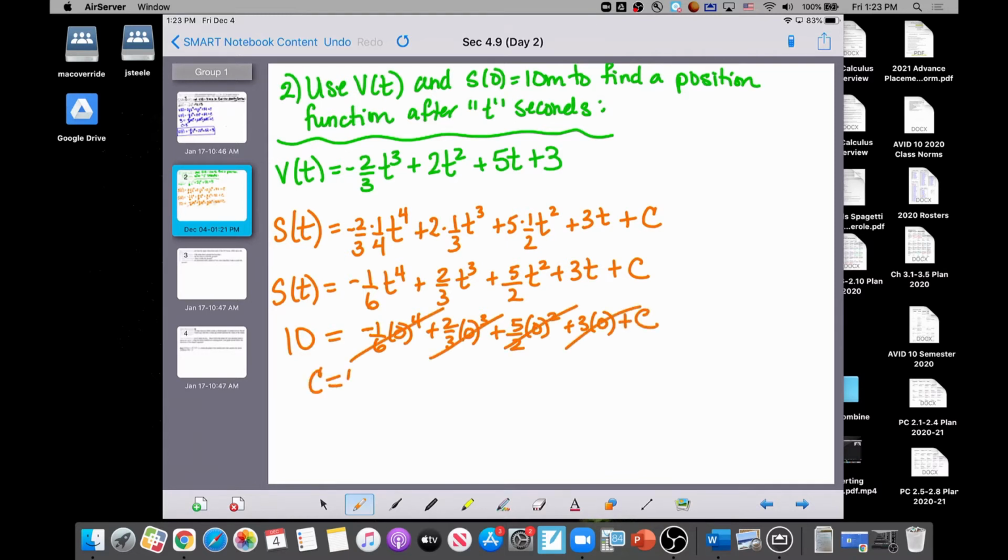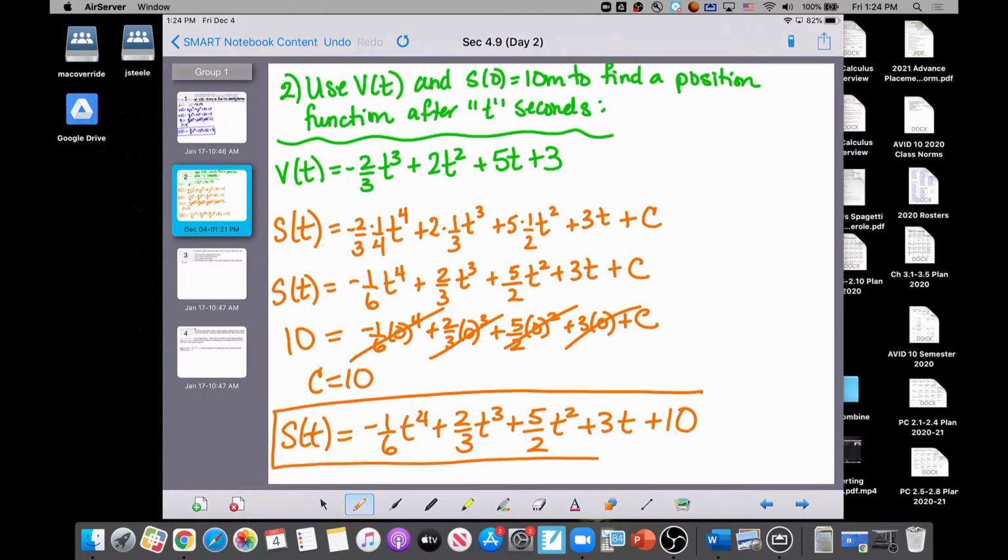I find out that c is 10. So my position function is s of t equals negative 1/6 t to the 4th plus 2/3 t cubed plus 5/2 t squared plus 3t plus 10. And there is the answer to example 1.